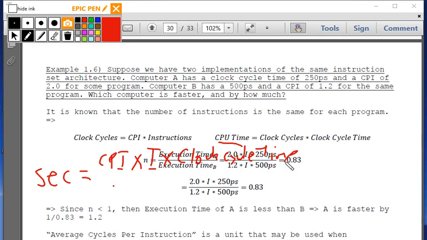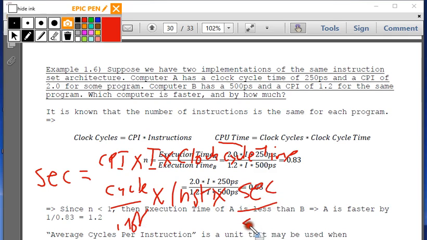So this becomes cycles over instructions times instructions times seconds per cycle. So for each one, we already know the seconds per cycle is 250. We know that the CPI is 2, and we know that we have the same program and the same instruction set architecture. So therefore, the value I is irrelevant. For the denominator, you can say 500 picoseconds times 1.2 times I.